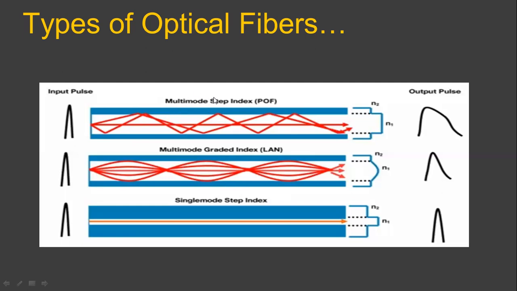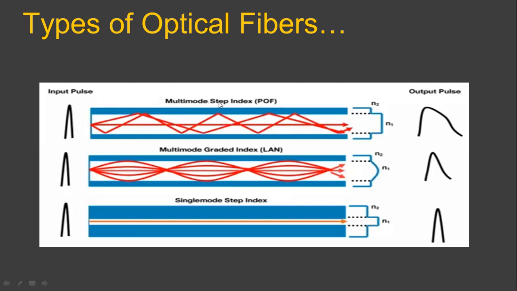This is another one, the multi-mode step index fiber. This is also called a multi-mode fiber because it also has a wider diameter, and because of that reason it supports many modes of propagation of the light rays, and hence it is called the multi-mode fiber.